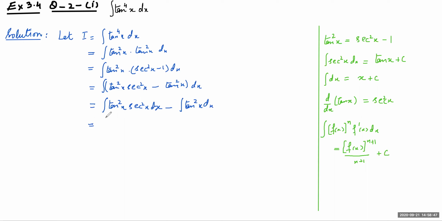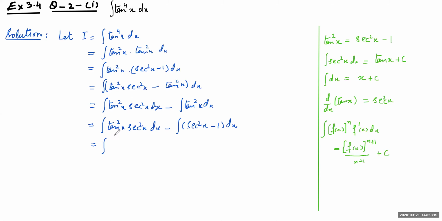And what do we get? We get integral tan²x into sec²x dx minus integral sec²x minus 1 dx. Now open up this bracket. As a result, you will get two integrals, minus integral sec²x dx, and then minus becomes plus integral dx.